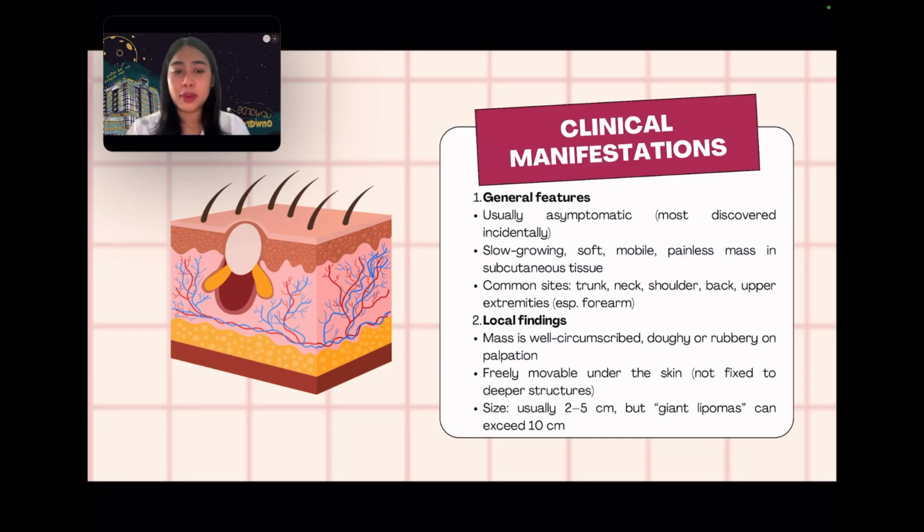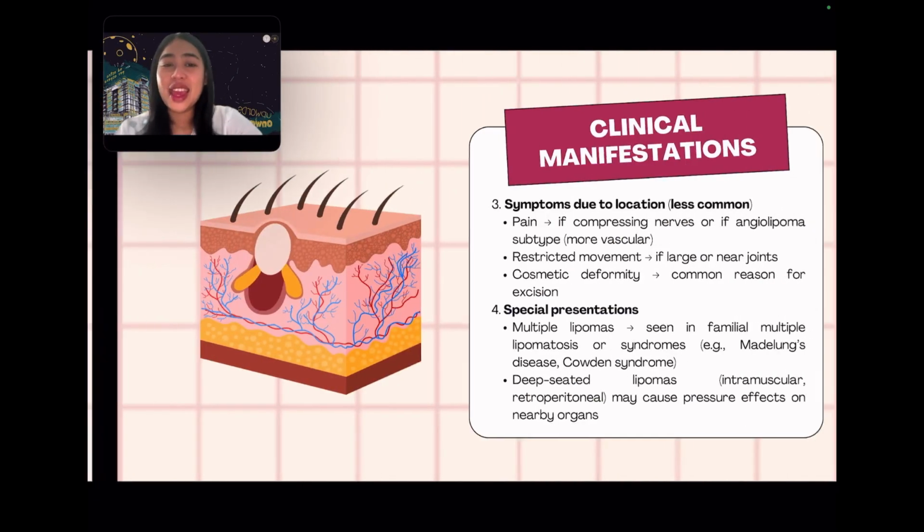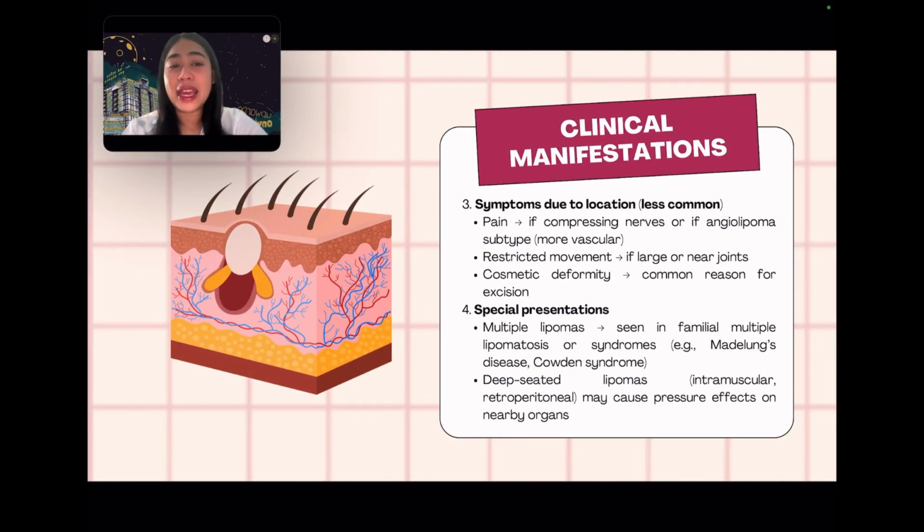I've mentioned this earlier, but let's just talk about it again. The size is usually 2 to 5 centimeters, but there are existing giant lipomas that can exceed 10 centimeters. And again, symptoms are not common. It's usually asymptomatic, but if pain is present, it's usually because of compressed nerves, or if it's a type of angiolipoma, which is more vascular.